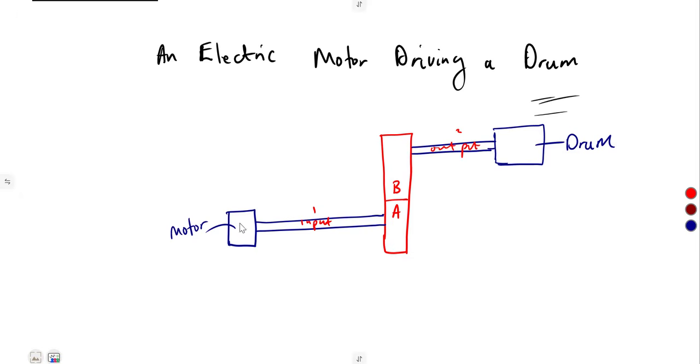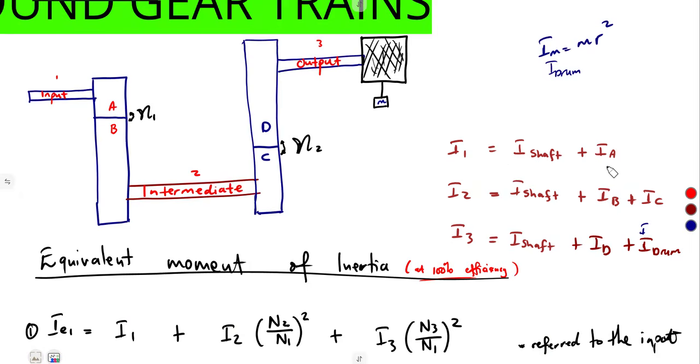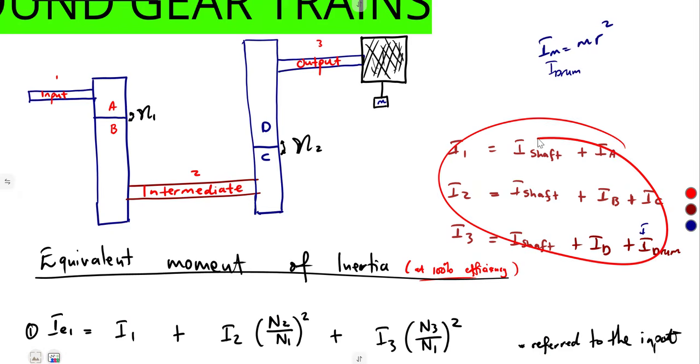It's only that for the motor, there is no moment of inertia to be calculated, but for the drum, there is a moment of inertia to be calculated due to the mass of what? Of the drum, that is, it will be lifting a certain mass. So when you consider that, you are going to see that just like here, we noticed that this affects the moment of inertia.